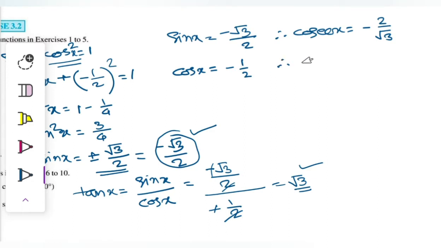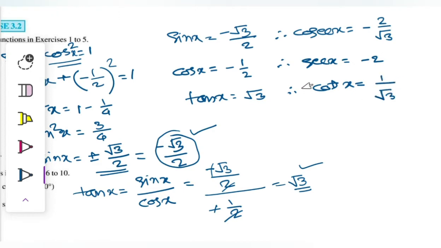Therefore sec x equals minus 2. We calculated tan x as root 3. Therefore cot x equals 1 by root 3. These are all the trigonometric functions in the third quadrant. Thus this is our first question.